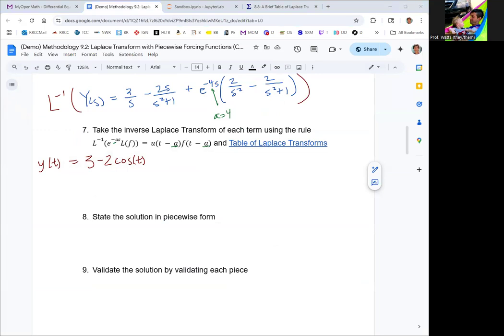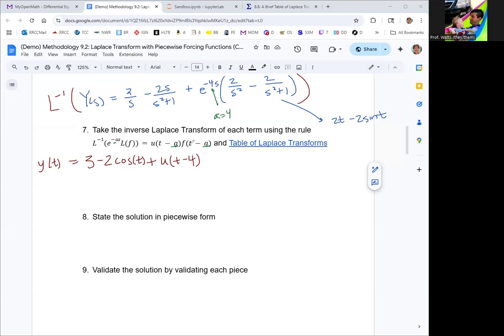All right, so the unit step function comes back as a t minus 4. And then if we just take the inverse transform, we get 2t minus 2 sine t.